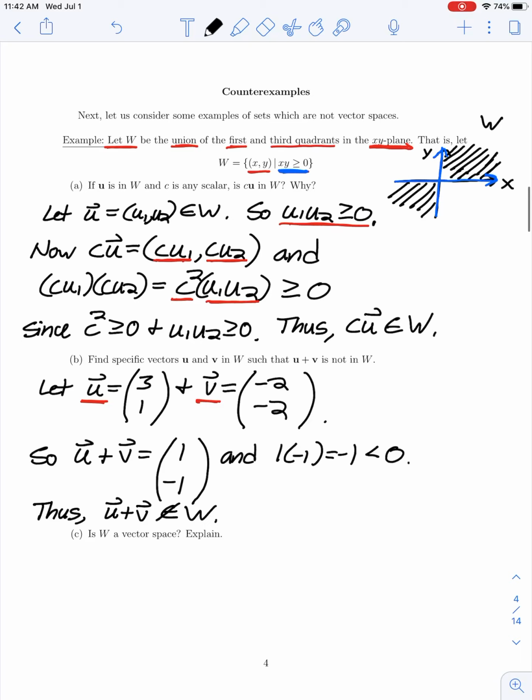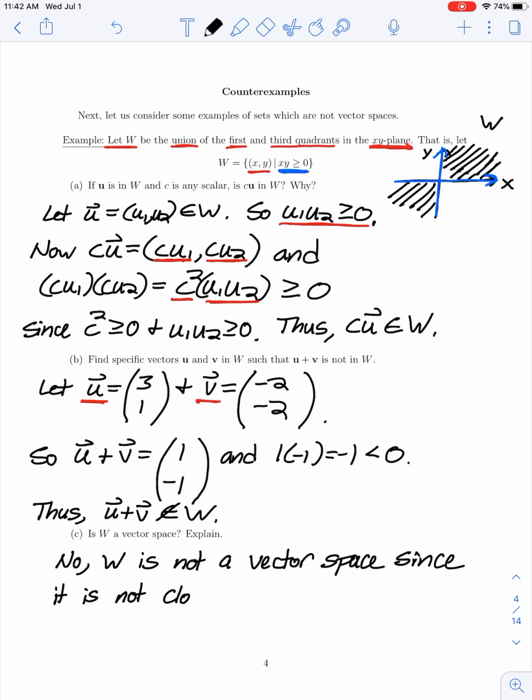In part C of this example, we ask the question, is W a vector space? Explain. The answer to part C is no. W is not a vector space since it is not closed under addition.